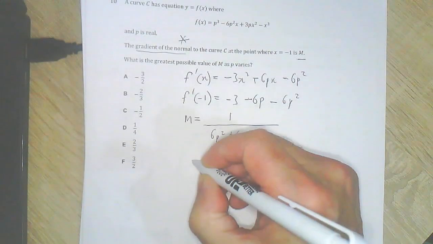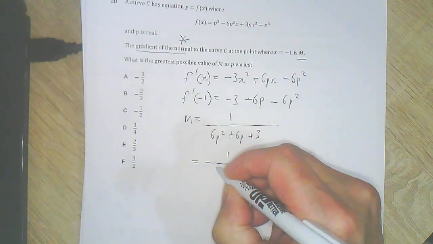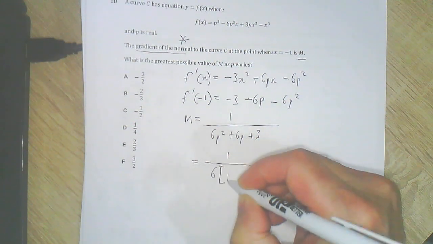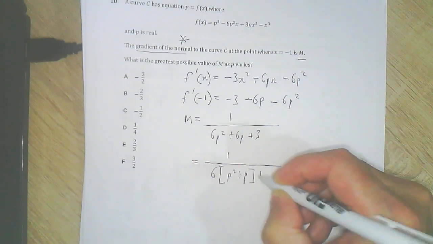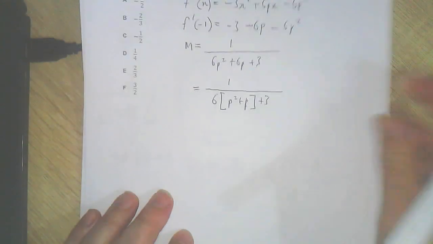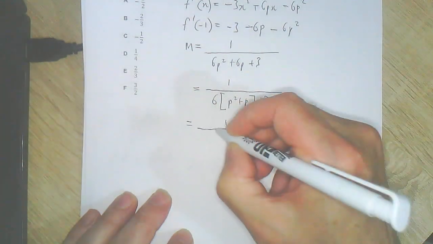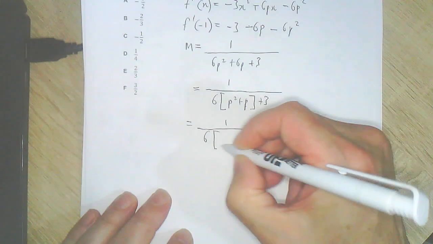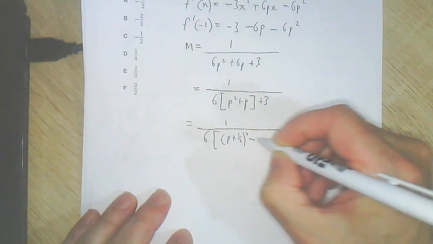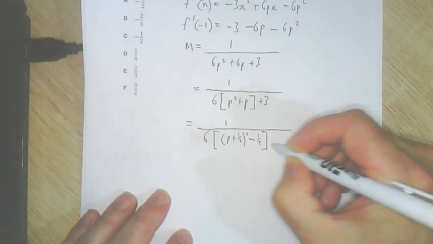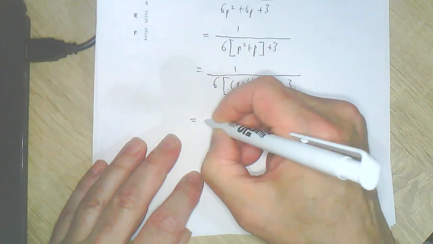So let's complete the square. Let's take the 6 out of the first two terms. So 6 brackets p squared plus p, plus 3. And then let's complete the square inside the brackets. So we've got p plus a half squared minus a quarter, plus 3.